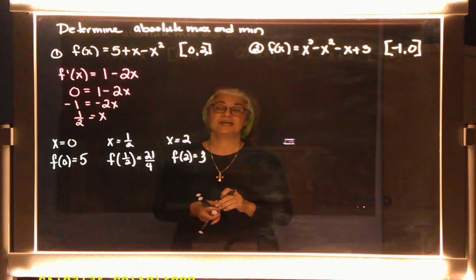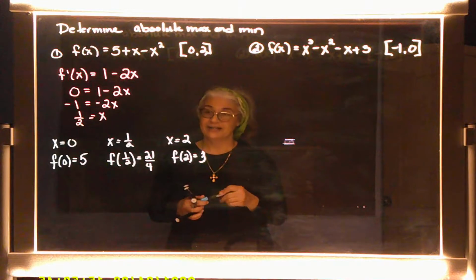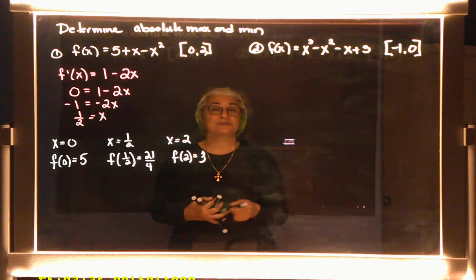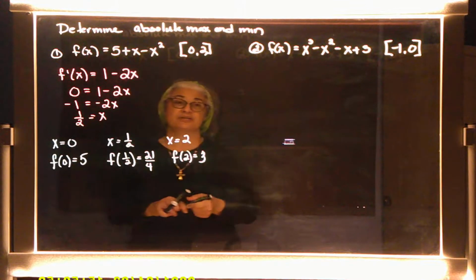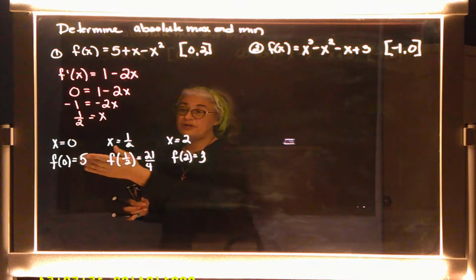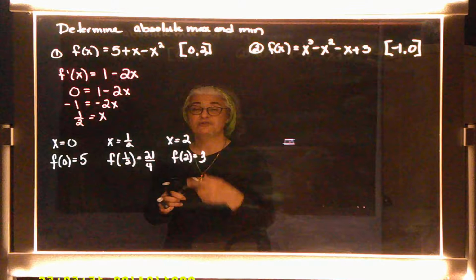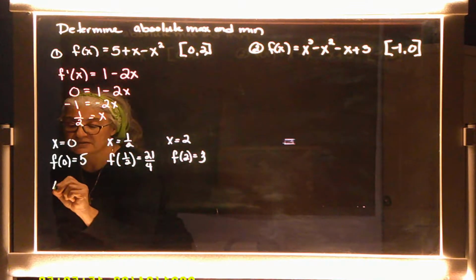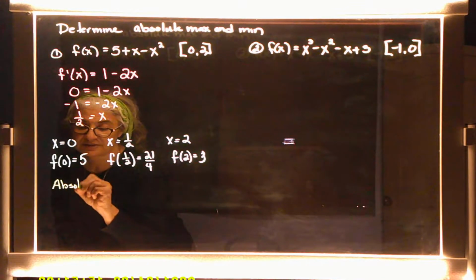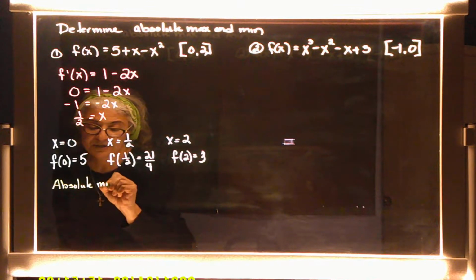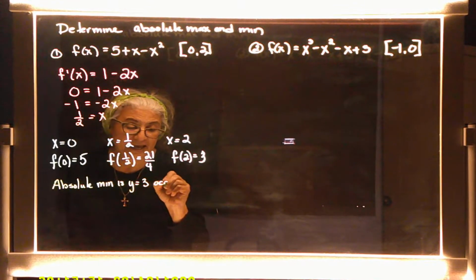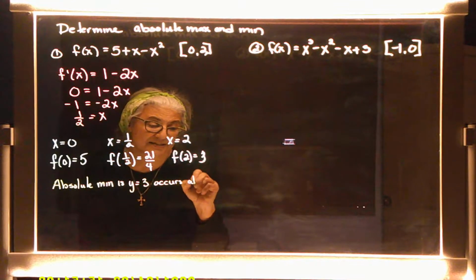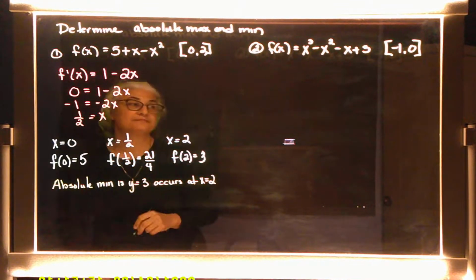Good? And now I can actually determine what the absolute max and min are based upon the y values. So, which is the smallest y value? The 3. That means my absolute minimum is y equals 3, and it occurs at x equals 2.